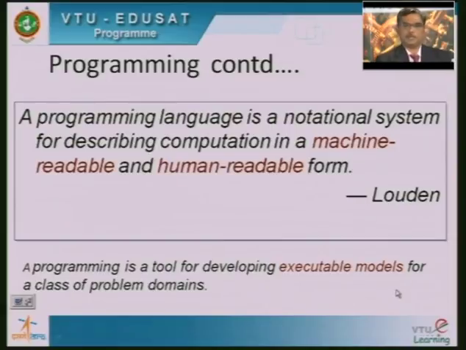Loudon is a very famous scientist of our computer science. He describes it like this: a programming language is a notational system for describing computation in a machine readable and human readable form. So a programming language is a tool for describing executable models for a class of problem domain.